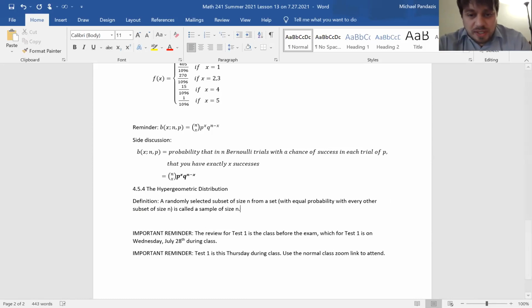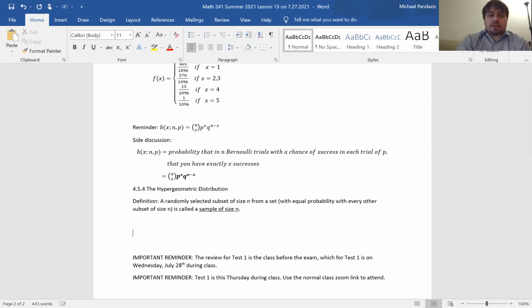Let me read it: a randomly selected subset of size n from a set with equal probability with every other subset of size n is called a sample of size n. So that's the definition of a sample of size n.